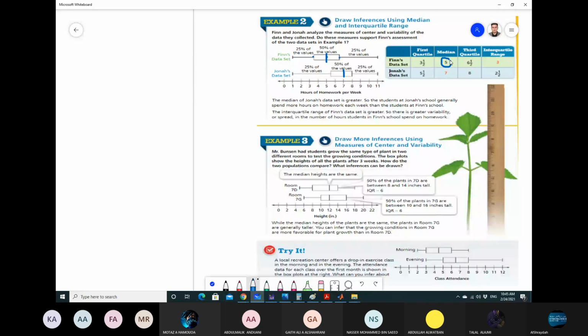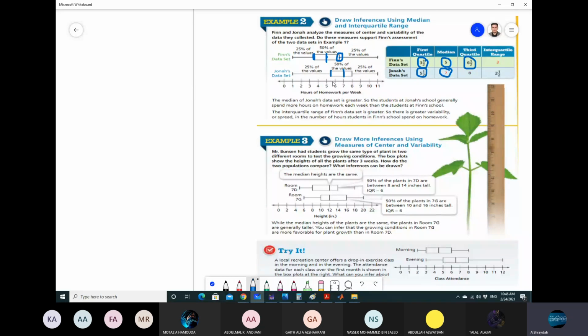Look here, and the median of the second data set is 7, and the first quartile, or this line here, is 3.5, and the third quartile is 6.5, which is correct. And the first quartile for Jonas data set is 5.5, which is correct also.